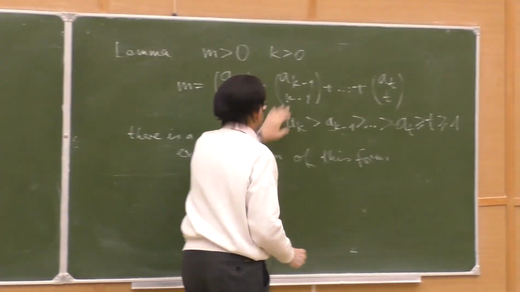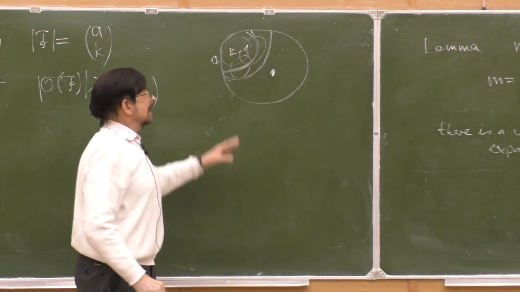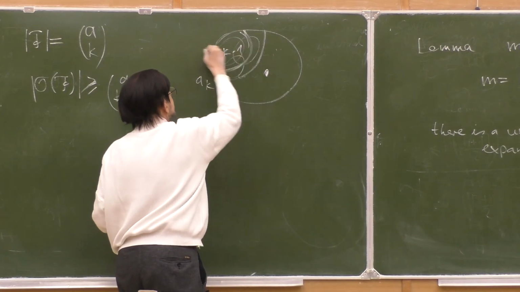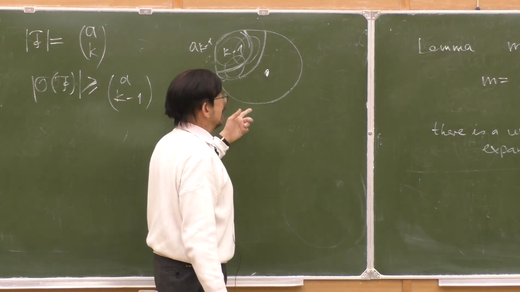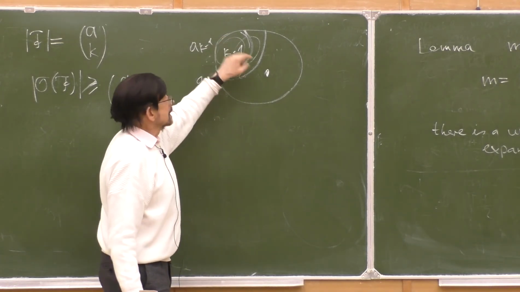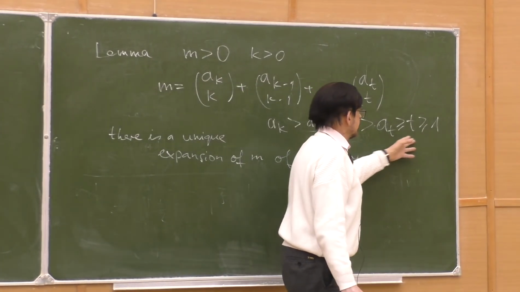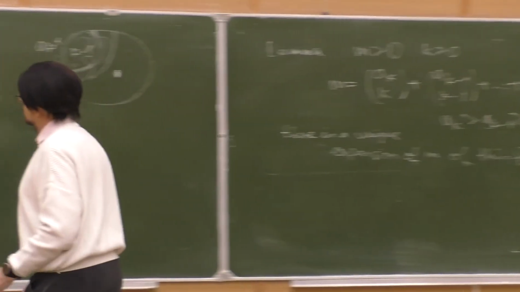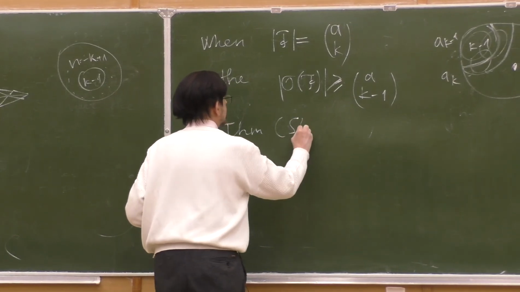The original size was A_K choose K, and this subset has size K minus 1, A_{K-1}, and you take all K minus 1 element sets plus this one. So this is why we have these conditions, they are needed to have unicity. And then, so this is the shadow theorem.